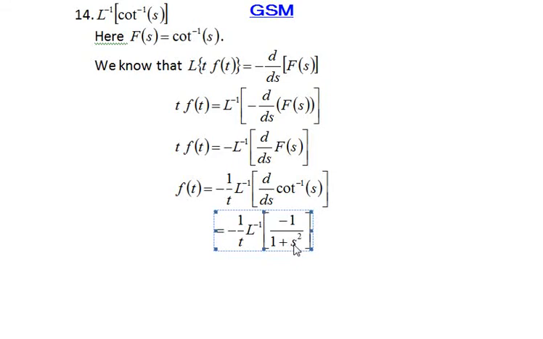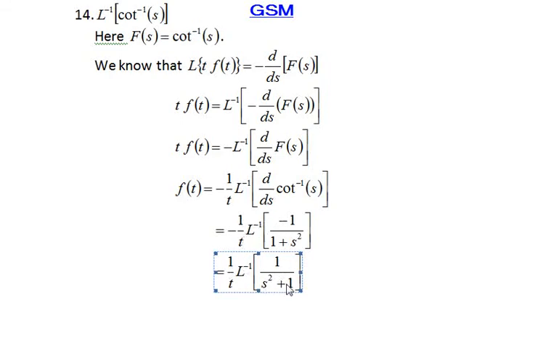Therefore f of t equals, bringing t from the left hand side to the right hand side, minus 1 by t L inverse of d by ds of cot inverse of s. Then simplify by using the differentiation formula. d by ds of cot inverse of s equals minus 1 by 1 plus s squared.